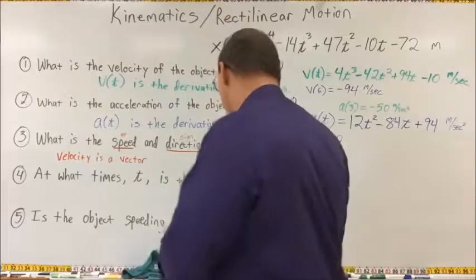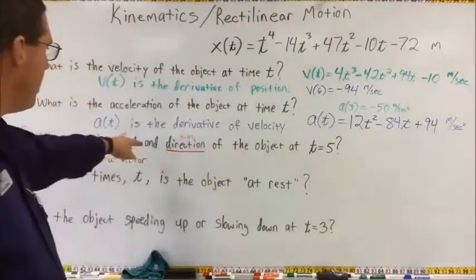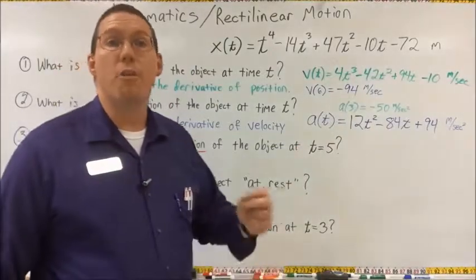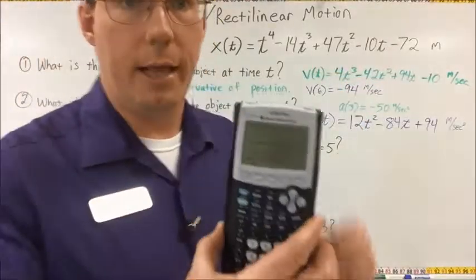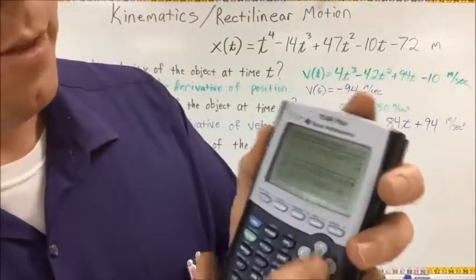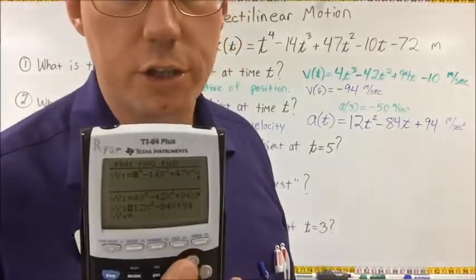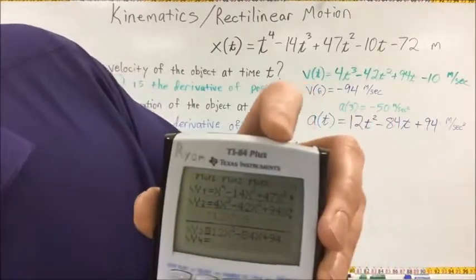Okay? So if the question says, what is the speed and direction of the object at time 5, we need to go to the velocity function. We need to go to here. So what I'm going to do is pick up the calculator and press y equals. Currently, which function is turned on? The acceleration function is turned on. So we want to turn that off because I don't want to use acceleration in this question.